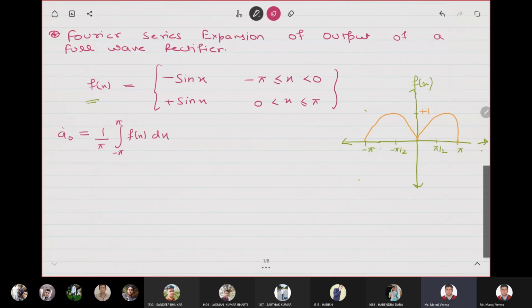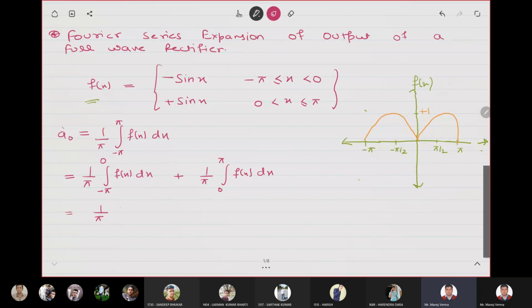And in this range I can split this integral from minus pi to 0 and from 0 to pi. And in these respective subgroups, I can enter the value of the function.